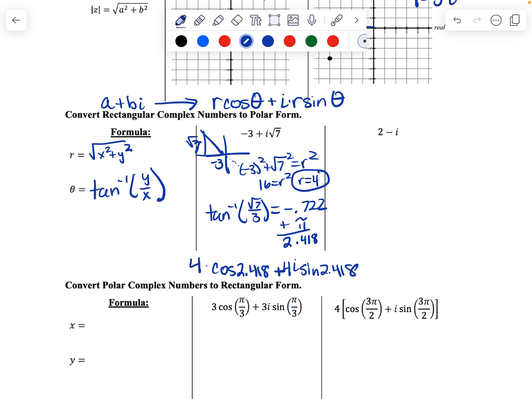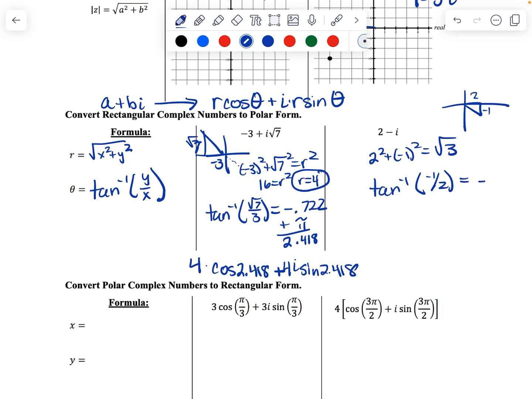So when we look at this, 2 minus i, over 2 and down 1, we need to put it into polar form. So again, we have to convert it to this polar. So our radius, well, that would be the square root of 3, right? And then if we look at this next part, let's see our tan inverse.